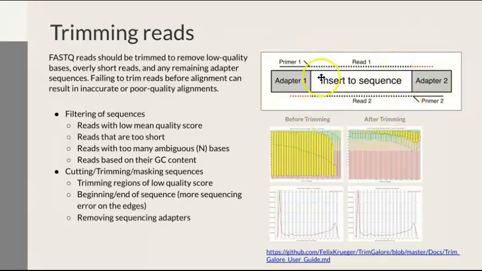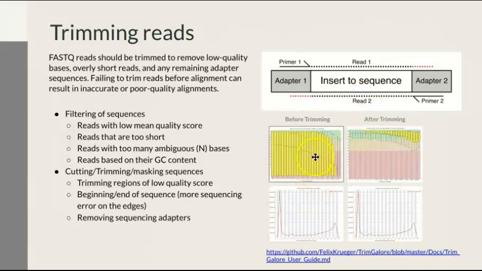Additionally, oftentimes you want to trim the very end right here and right here, because as you're reading through the primer, when you're first going through it, oftentimes these end pieces are a little bit lower quality compared to the center. So sometimes we want to trim the beginning and the end of the sequences because there's more sequencing error, basically.